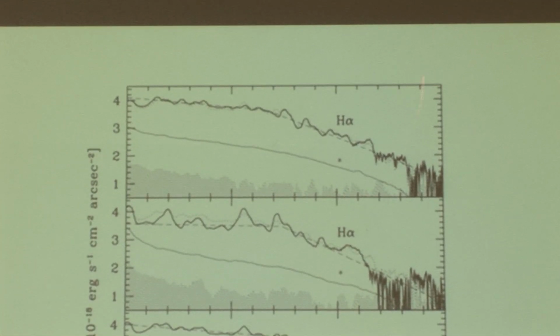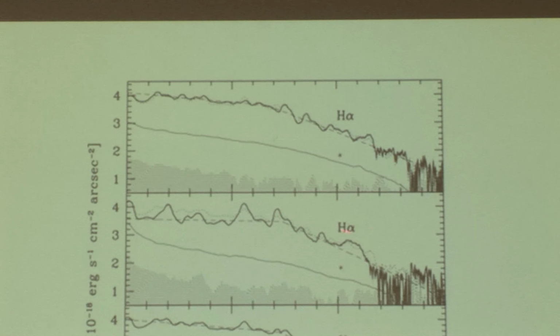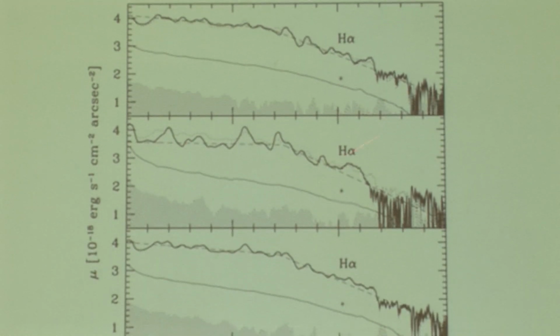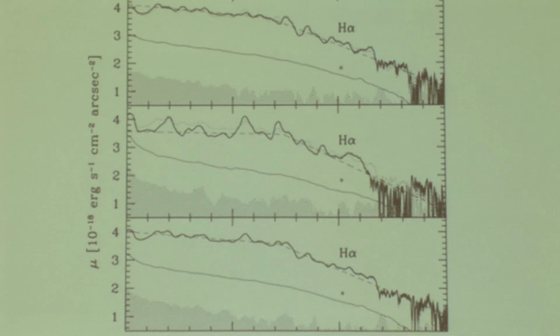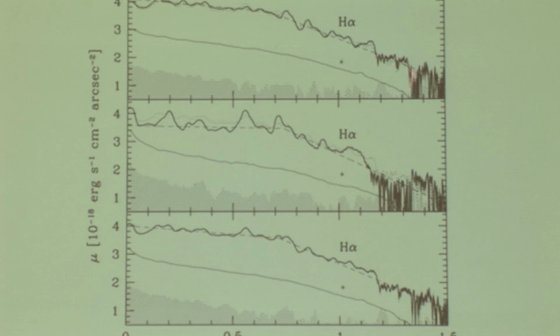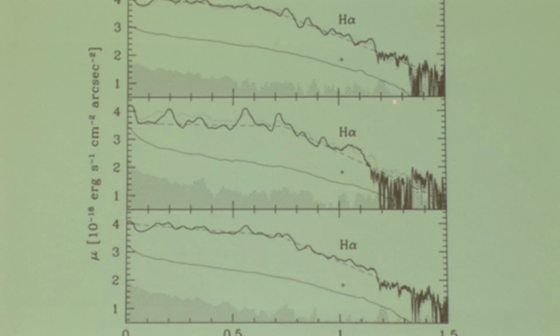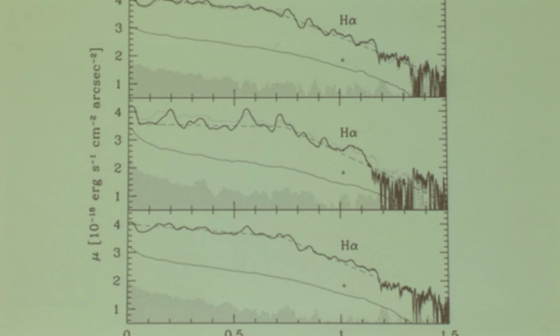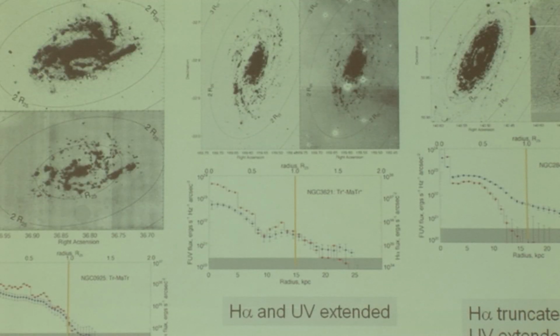They're divided into interacting and non-interacting. This is, I think, the non-interacting set. And what you find is that, in fact, there is star formation extending well beyond the Holmberg radius, but there is a turnover. These galaxies do not have sharp edges at the Holmberg radius. The star formation continues. On the other hand, there usually is a fall-off, a rather steep fall-off in star formation rate near that radius.